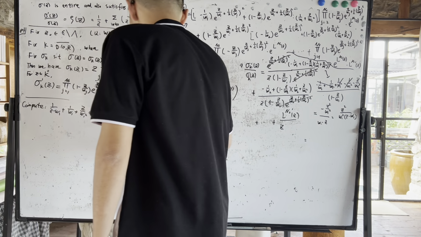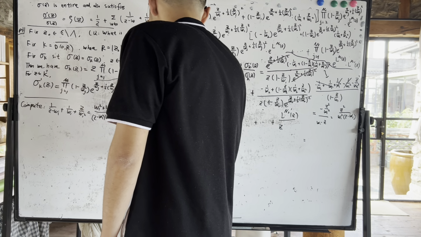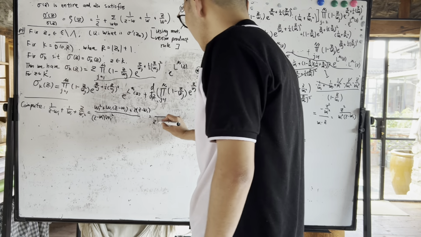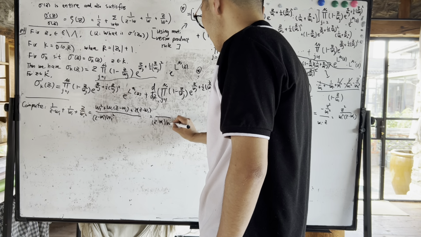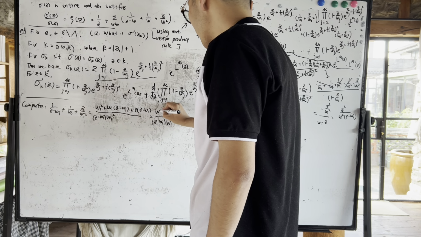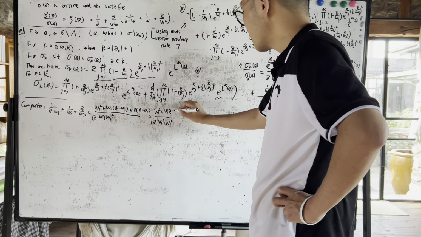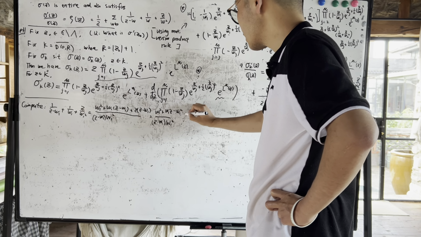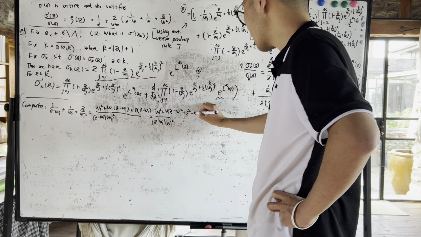So this is equal to z over z minus omega 1 times omega 1 squared, and then I have omega 1 squared plus omega 1 times z minus omega 1 squared plus z squared minus z times omega 1.